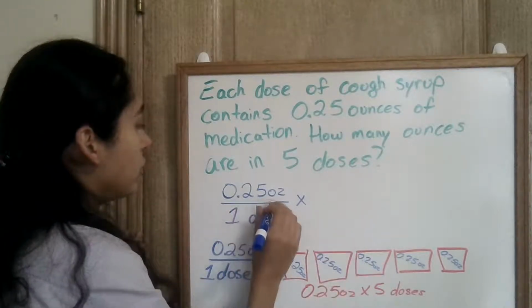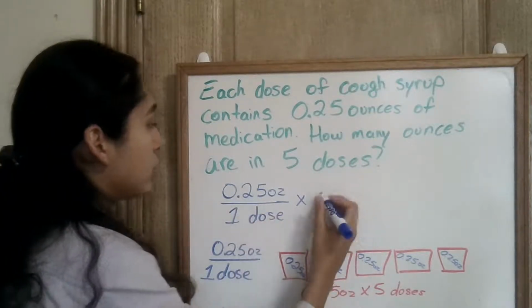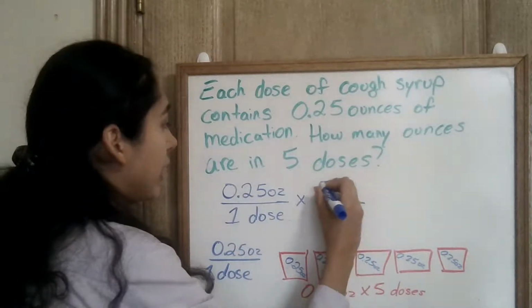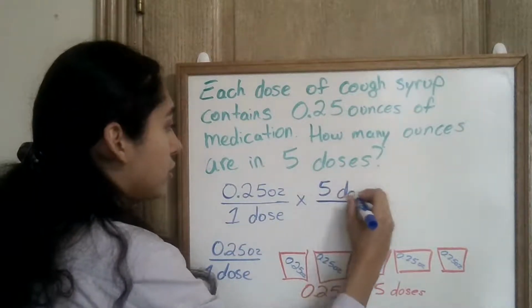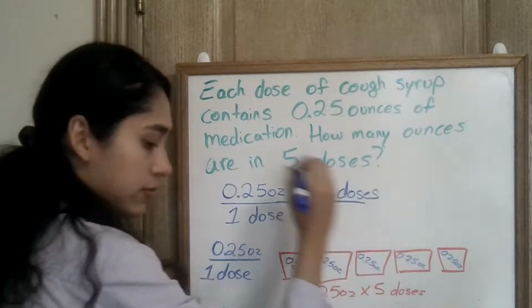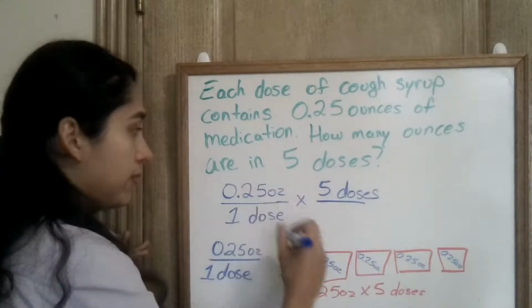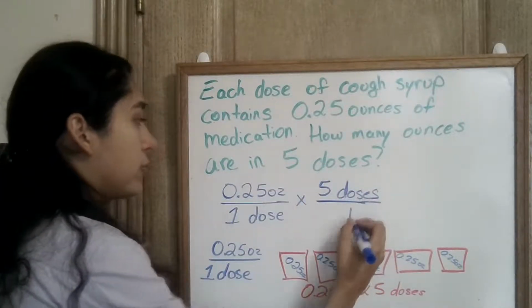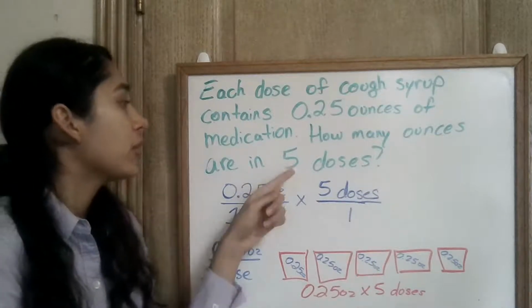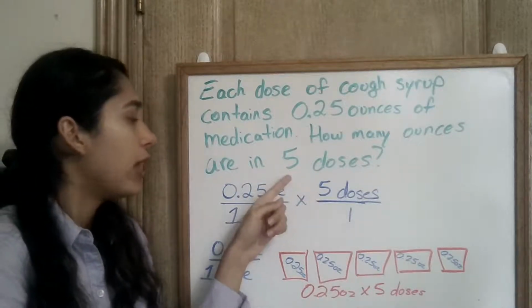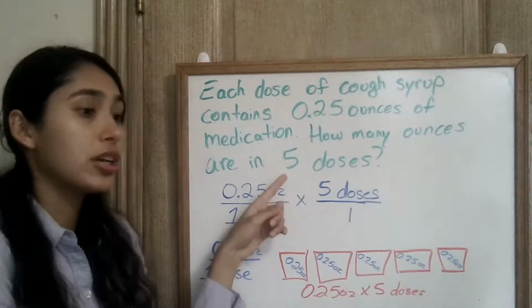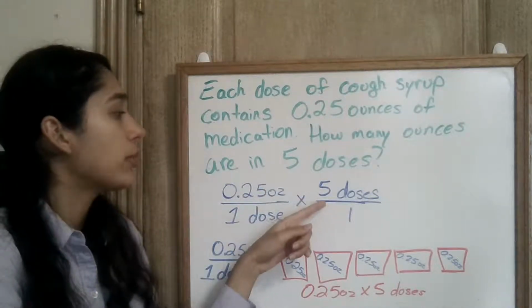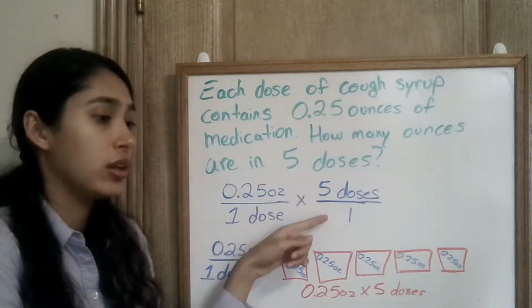So here we have 0.25 ounces divided by 1 dose. Here we have 5 doses, all over 1. We know we're talking about 5 doses because we're not talking about a fifth. That's why it's going to have to be 5 over 1.